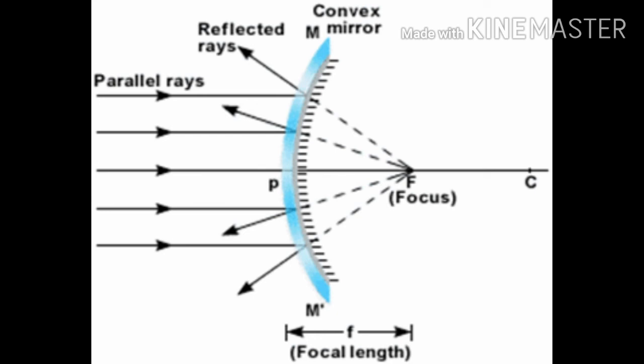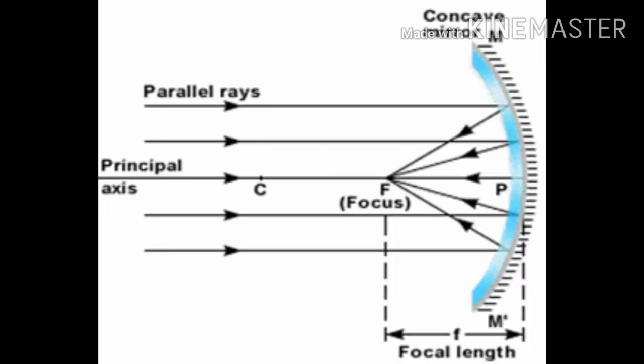We already mentioned that the principal focus always lies at the middle of the radius of curvature. So there is a relationship between the radius of curvature and focal length.